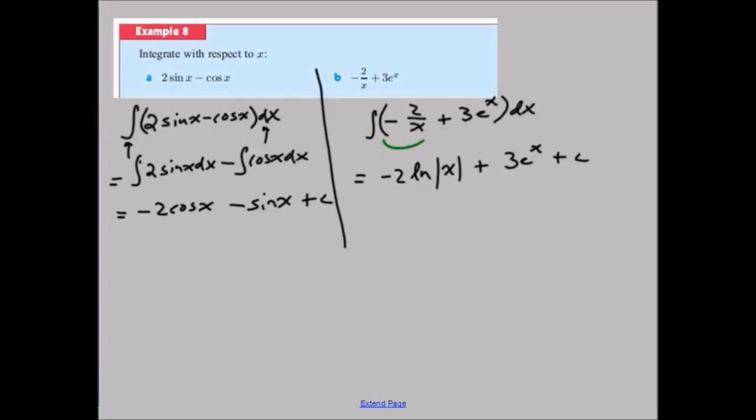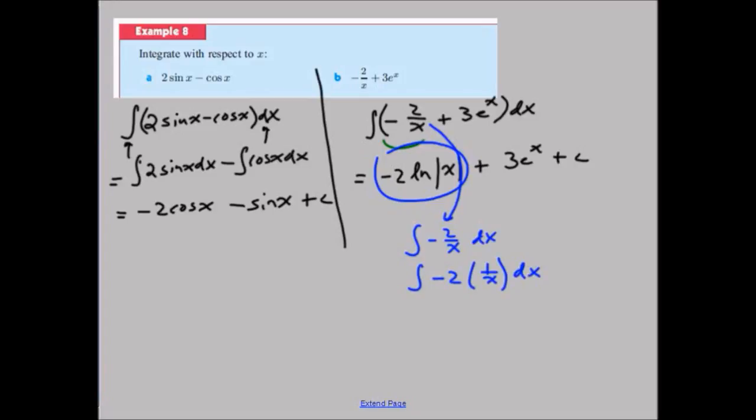Okay, so let's see this in a little more detail. Why does this happen? How do we know what happens with this? So if I did separate that out, we would have this term just like this. Now, notice that we could also write this as negative 2 multiplied by 1 over x dx.